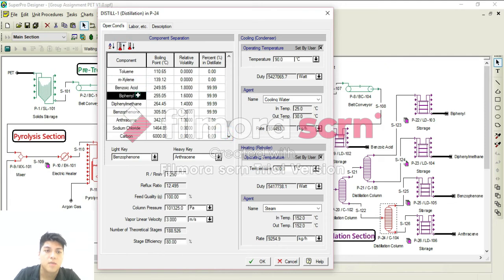Benzoic acid, biphenyl, diphenylmethane, and benzophenone have relative volatility of 1.8, 1.6, 1.4, and 1.2 respectively, with 99.99% in distillate. Whereas for anthracene, it has relative volatility of 1 with 0.01% in distillate.